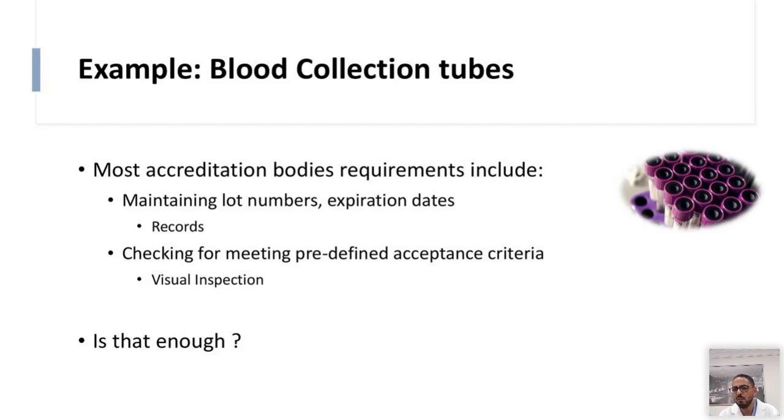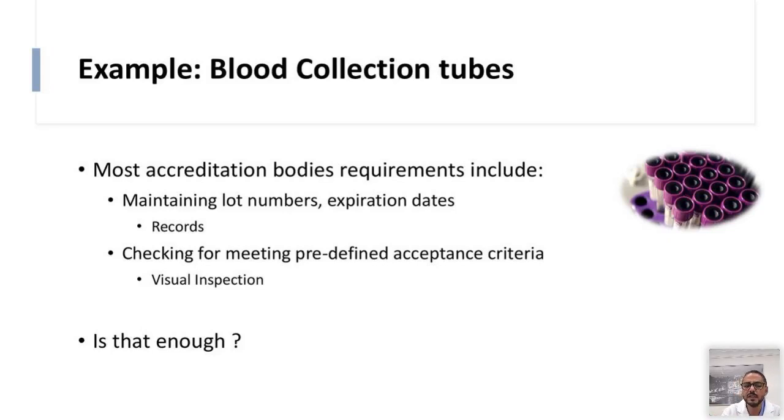If you receive a new lot of blood collection tubes, you just visually inspect them for cracks, leakage, or discoloration, and then you pass the lot for collection of patient samples.